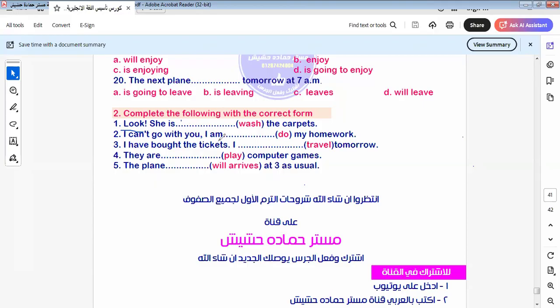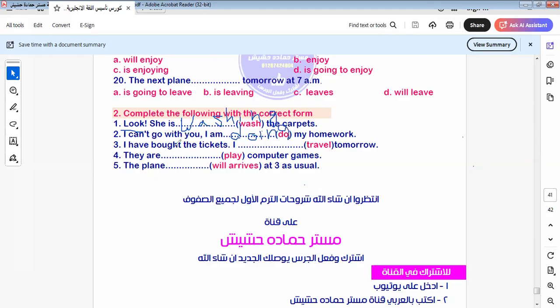So it will be in the present continuous form: is plus verb with ing. She's washing the carpet. I can't go with you. I'm doing my homework.